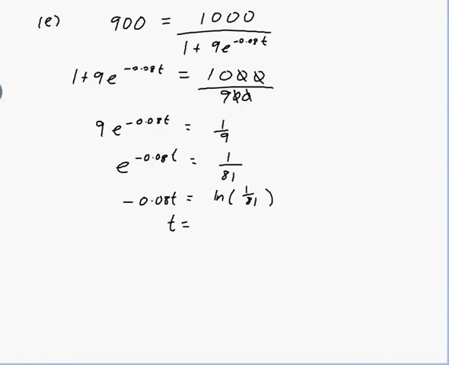So t = ln(1/81)/(−0.08), which is approximately equal to 54.9.